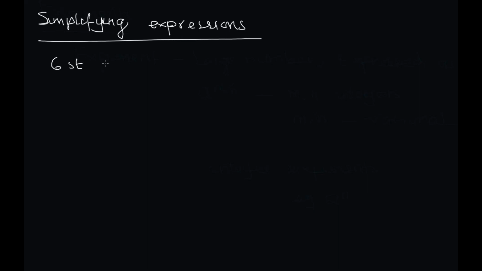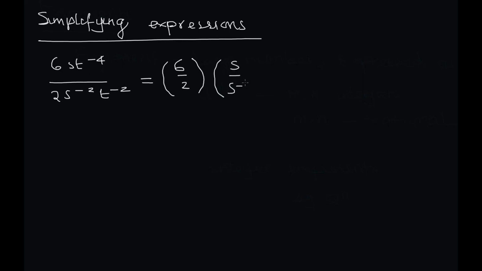The first example is 6 s t power minus 4 over 2 s power minus 2 t power minus 2. Here we see the patterns quickly. We separate the numbers, then we see there's s, so we separate the s's.